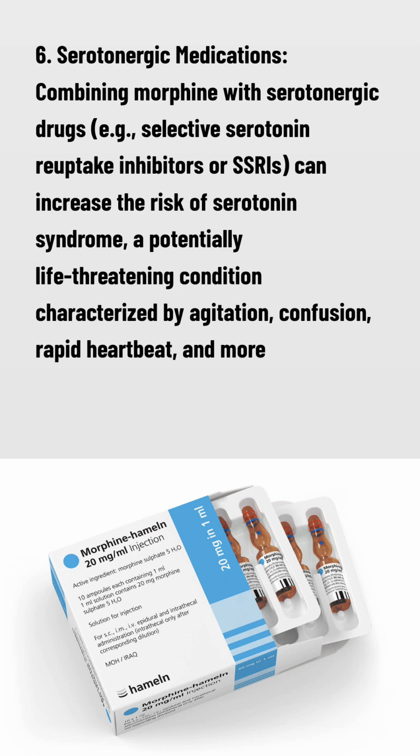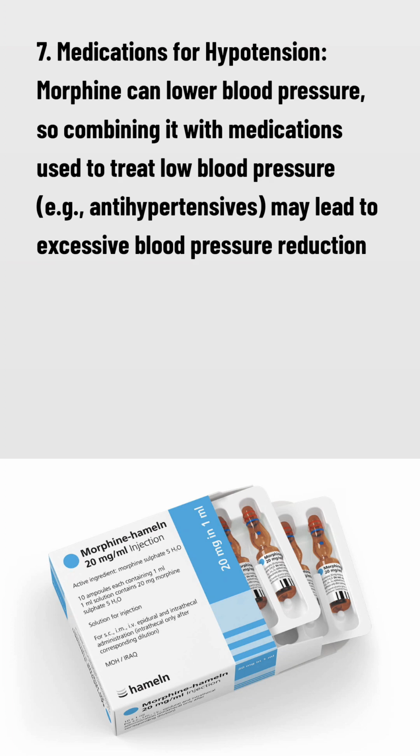6. Serotonergic medications. Combining morphine with serotonergic drugs, e.g., selective serotonin reuptake inhibitors or SSRIs, can increase the risk of serotonin syndrome, a potentially life-threatening condition characterized by agitation, confusion, rapid heartbeat, and more. 7. Medications for hypotension.